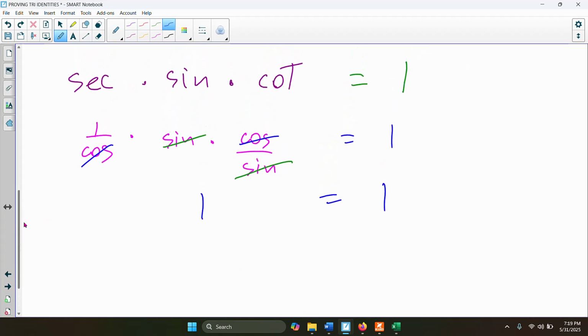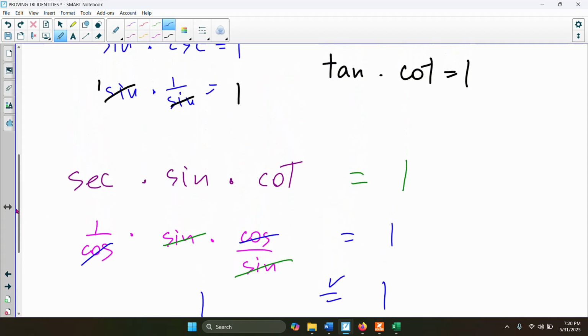Yes, and I just proved it. Secant of any angle, whatever the input is, secant times sine times cotangent, which is kind of like, what the heck is this? But that all boils down after simplification to 1. So yes, this is an identity. So there I introduced and already proved the first example.